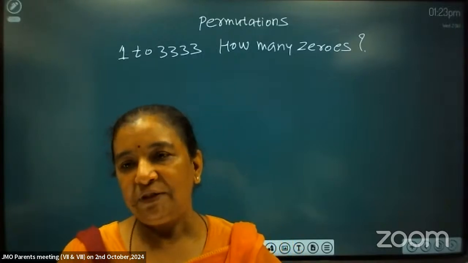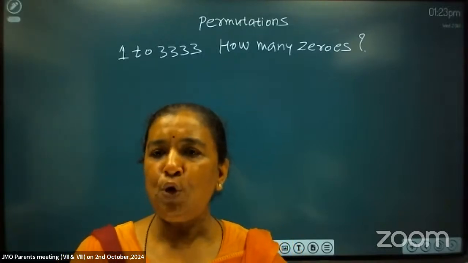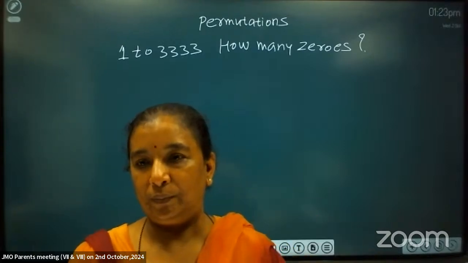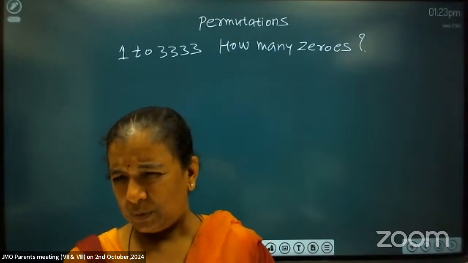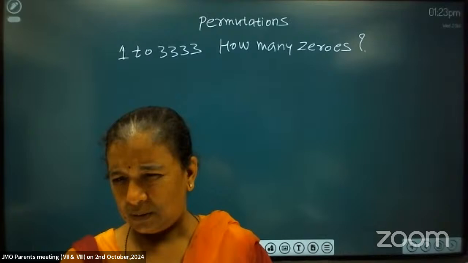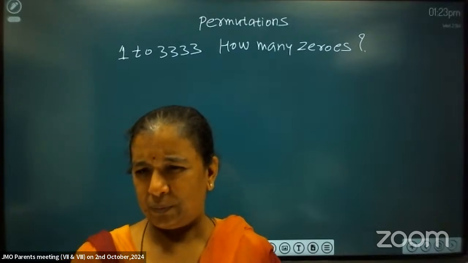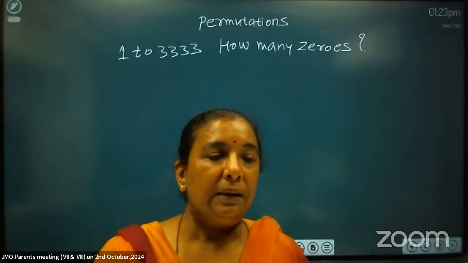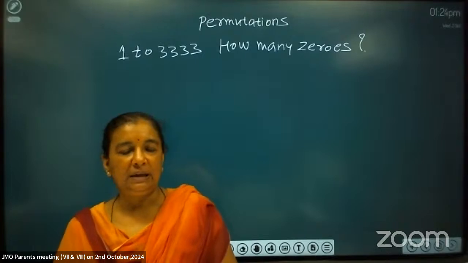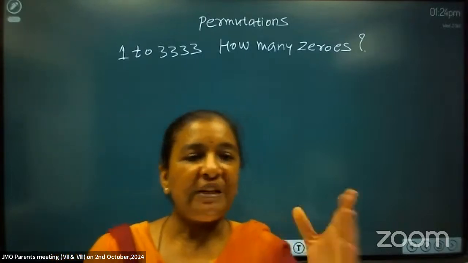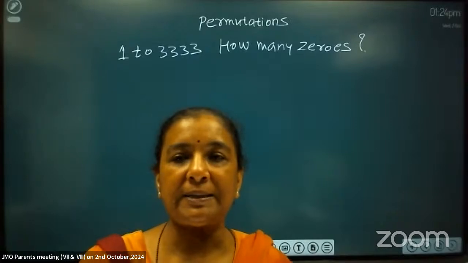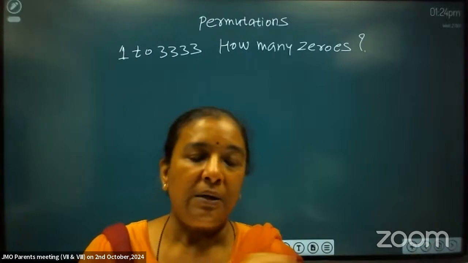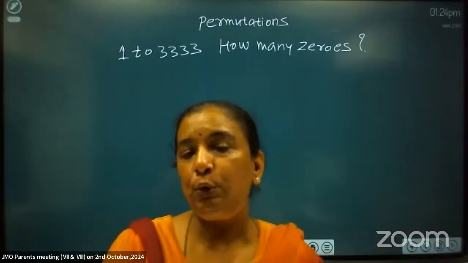But that is one way, definitely. How to go about this? We will calculate the number of zeros which will appear at the units place, at the tens place, at the hundreds place, and so on. Okay, how to do this?